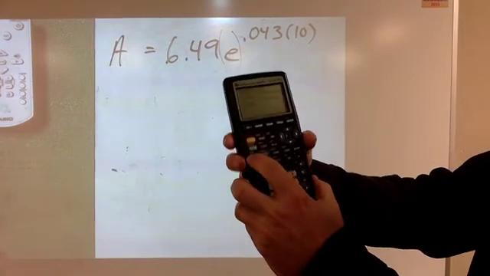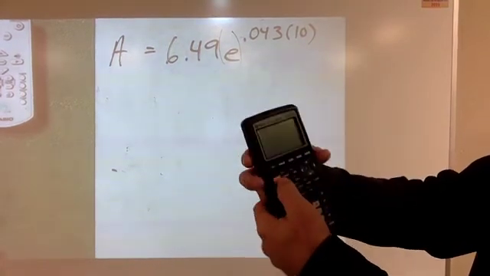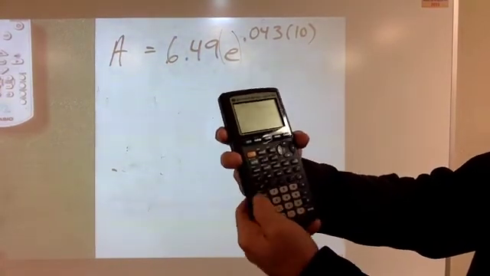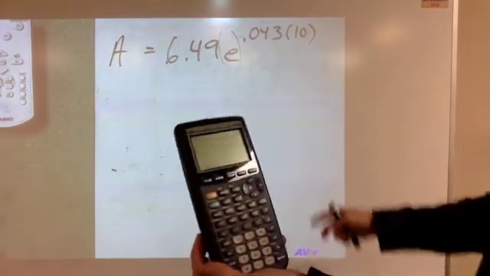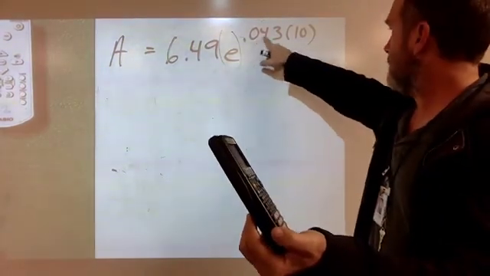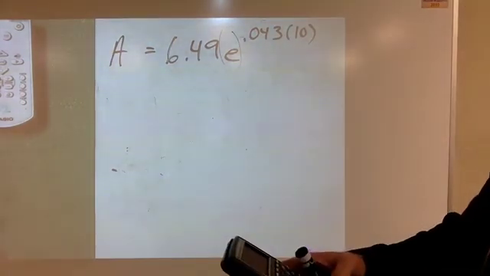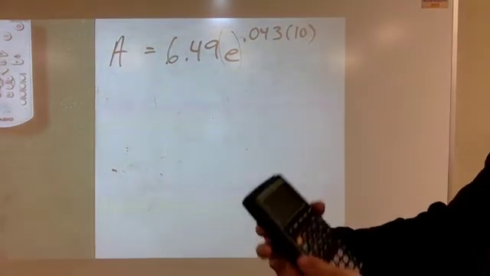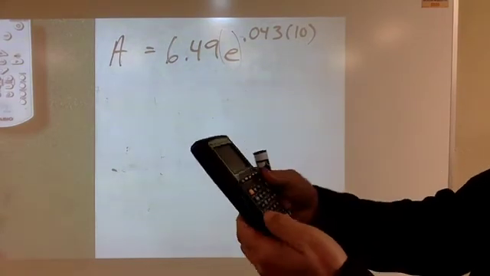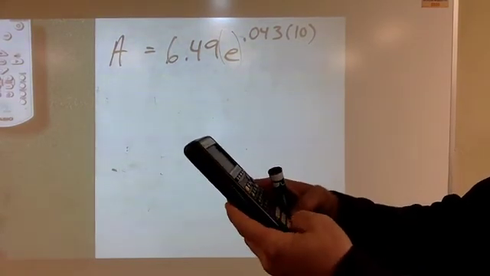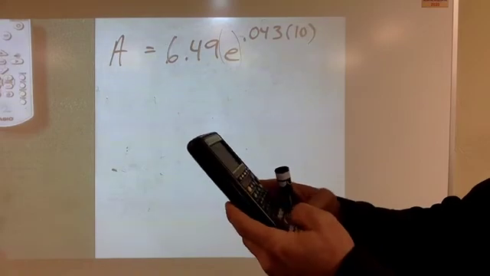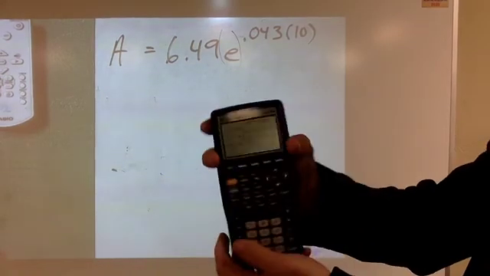So you do second, let me clear mine, second e to the x, and that's saying e to some power, and our power, when you multiply this by 10, is just 0.43. So 0.43, and you get that decimal, and you multiply that by 6.49. And you end up with 9.97.